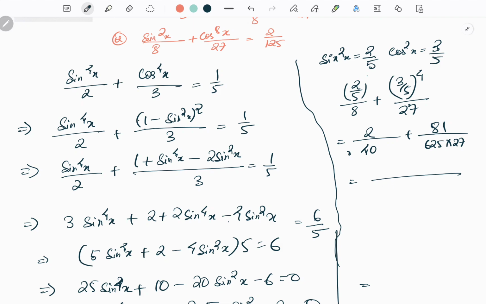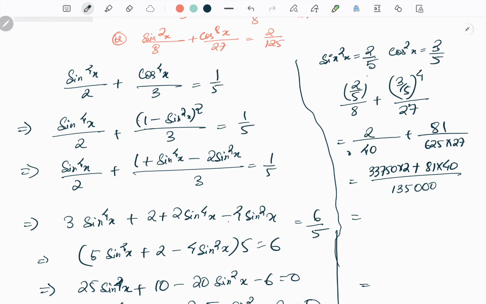It will be 1,35,000. So we'll get 33,750 into 2 plus 81 into 40.